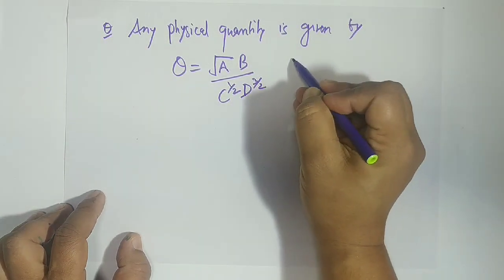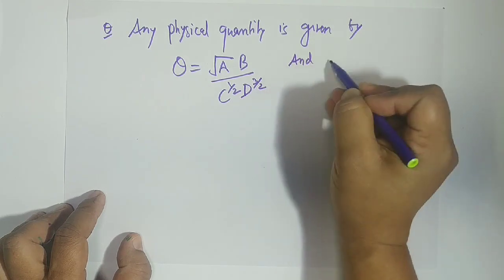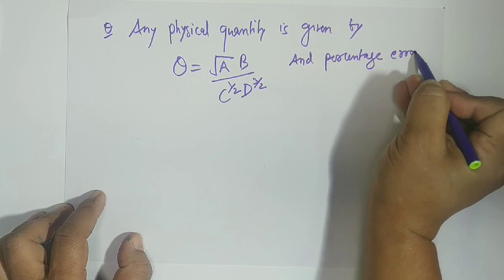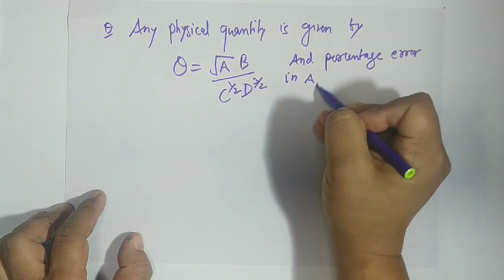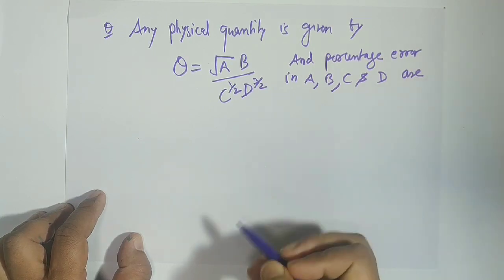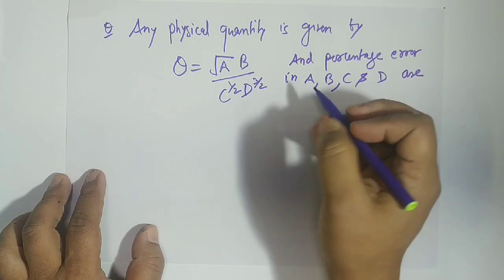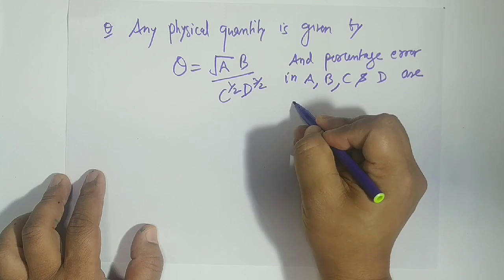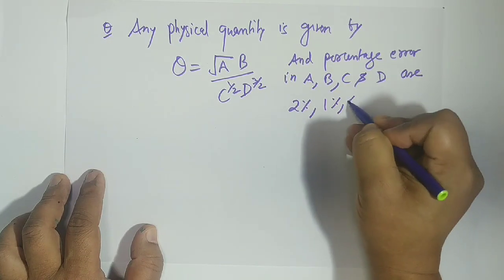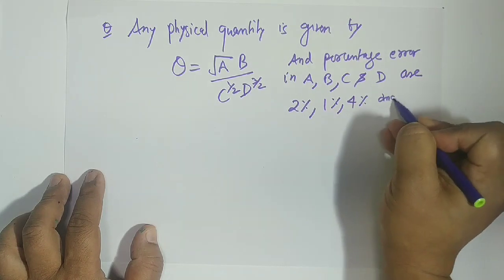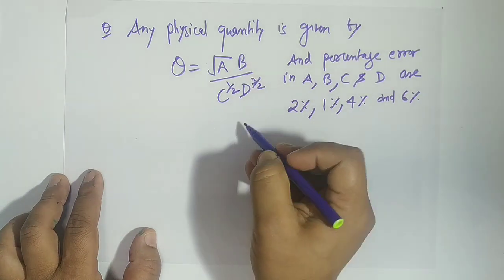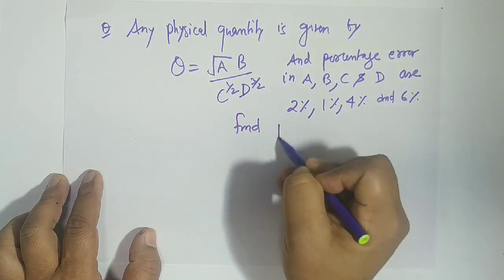Okay, and the percentage errors in A, B, C and D are, say, A it is 2%, then B 1%, then C 4%, and D it is 6%. So find the percentage error in Q.